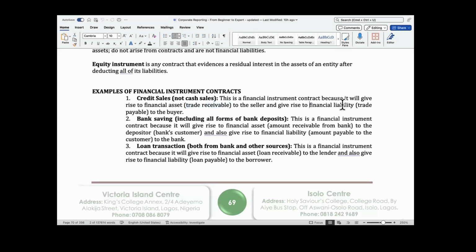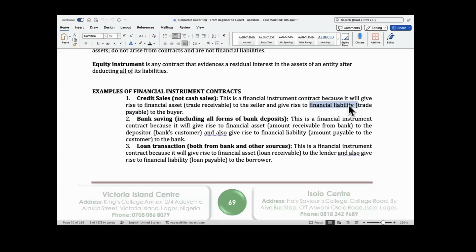And it gives rise to financial liability, who is the buyer, which we call trade payables. Because the seller has a right to receive cash, the buyer has an obligation to deliver cash.